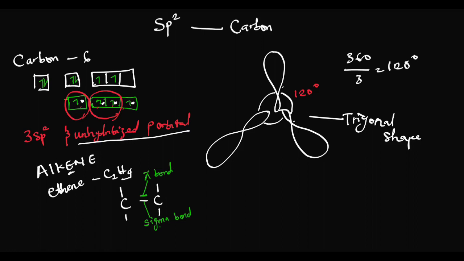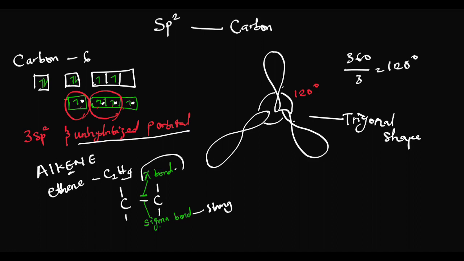This sigma bond you see here is a very, very strong bond. It's stronger than the pi bond, and it's the first type of bond that is formed. This pi bond is strong, though, but not that strong.